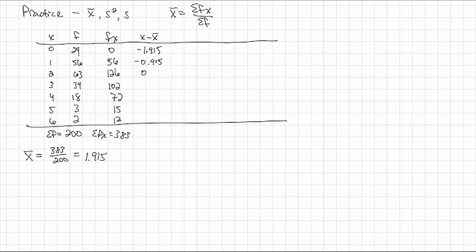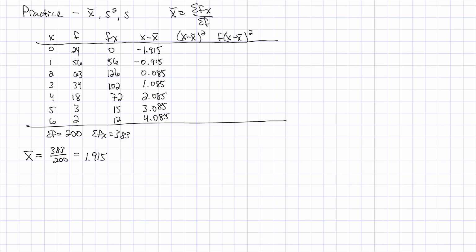And then we have positive 0.085, and from here we just keep adding 1. Here's our pattern, up to 4.085. Then we take this value and we will square it, and then we will immediately multiply by the frequency.